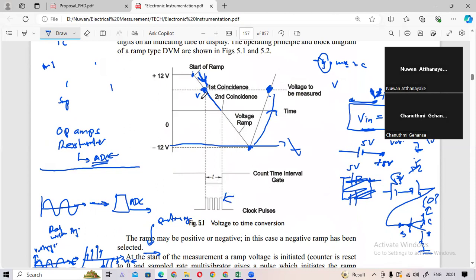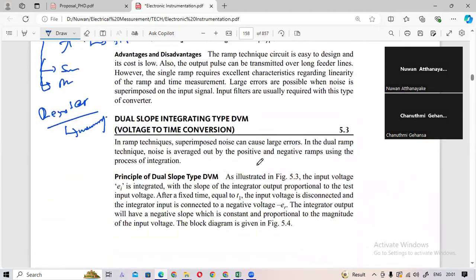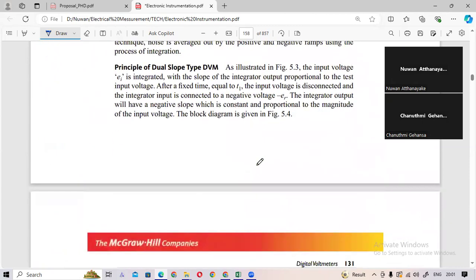If you know the time, using that time you can calculate this voltage. So that kind of question may come to you. I think no need to do any example. Do you want any example?